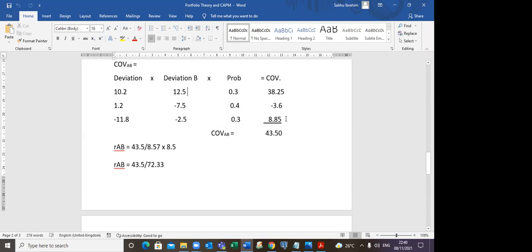I will then use that formula to get my correlation. But if I have computed standard deviation of A and standard deviation of B and have correlation, I will simply say covariance AB is equal to correlation times standard deviation of A and standard deviation of B. So the formula you use depends on the information you have available.